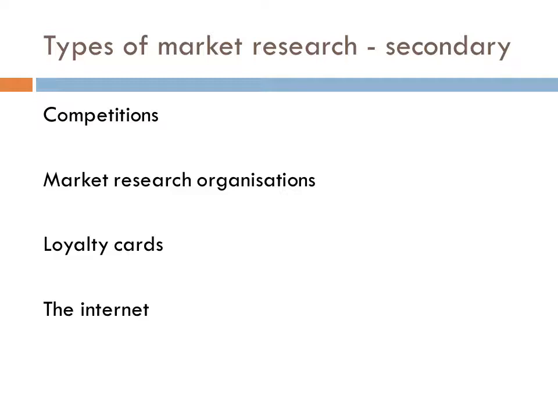So cards such as the Nectar card or the Tesco Club card allow a range of businesses to identify the spending patterns of customers and target them with relevant promotions. So if you think, for instance, the Nectar card is Sainsbury's, it's Barclaycard, it's Debenhams, it's BP. So we can find out what people are buying in other shops and see if that helps us. And the internet is a rapidly increasing source of secondary data, but it should be treated with caution as it lacks the reliability of the other sources that we've just talked about.